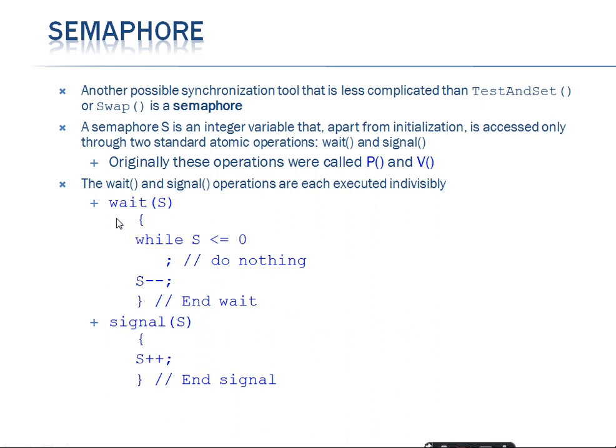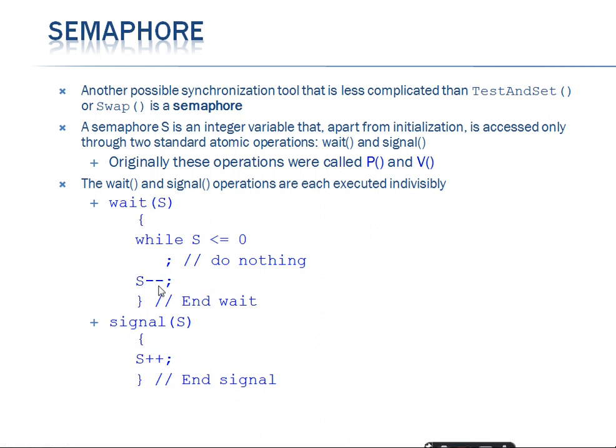Here we have the code for the wait function. So wait is applied over the semaphore S. Now in this wait function, there exists a while loop that checks the state of this semaphore S. If it is less than or equal to 0, then do nothing.